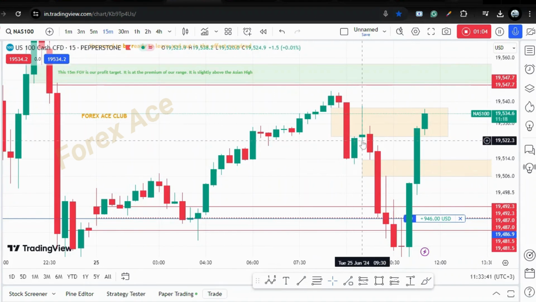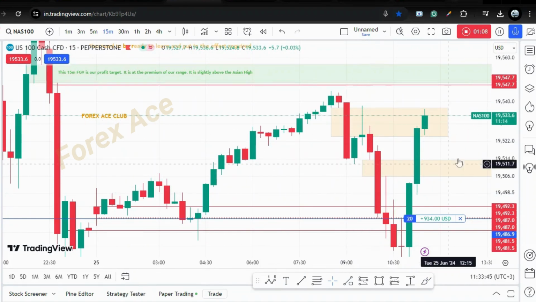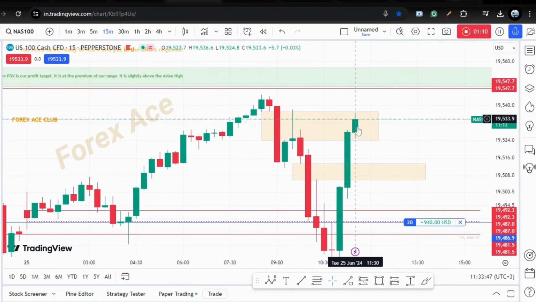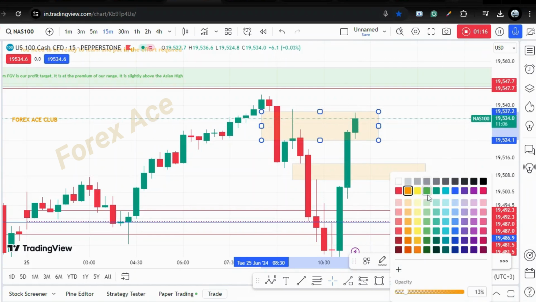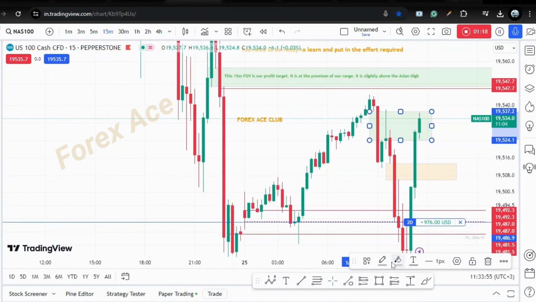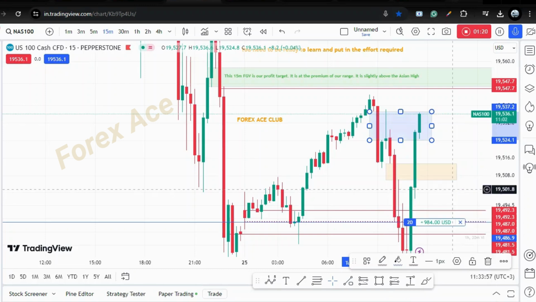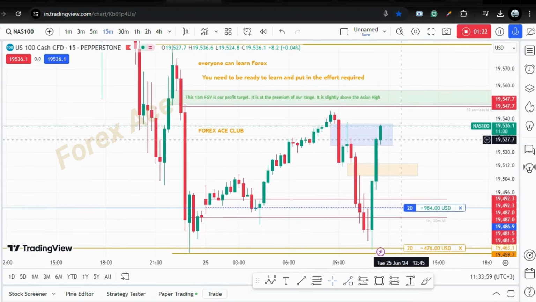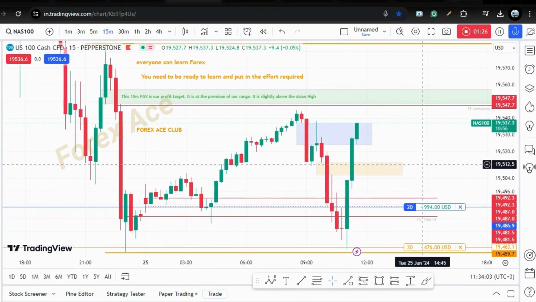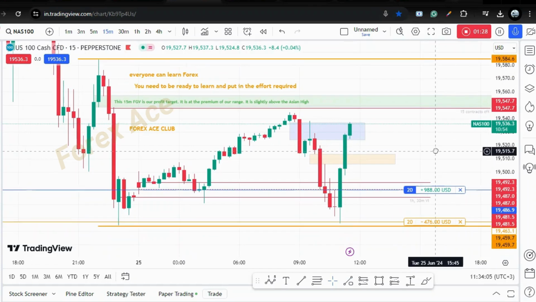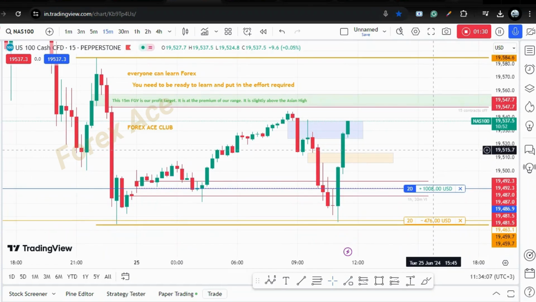The market came wicking into this fair value gap, then dropped. So I expect it to rally up. I expect it to not act as resistance. I don't expect it to hold the price. I expect the price to easily penetrate through it to our profit target. So let's just patiently wait.